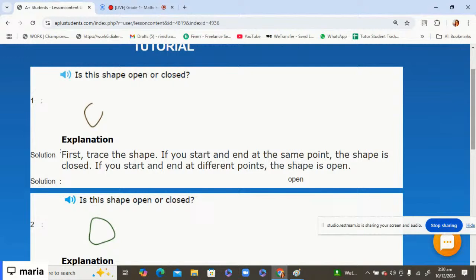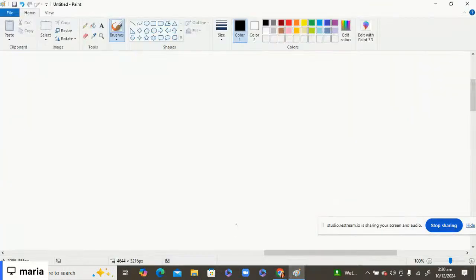But if you start and end at different points, then we can say that your shape is open. For example, when we are going to start at this point and I'm going to make a circle. Okay. Then this is the circle, and then we end at the same point. Look. So this is our closed shape.